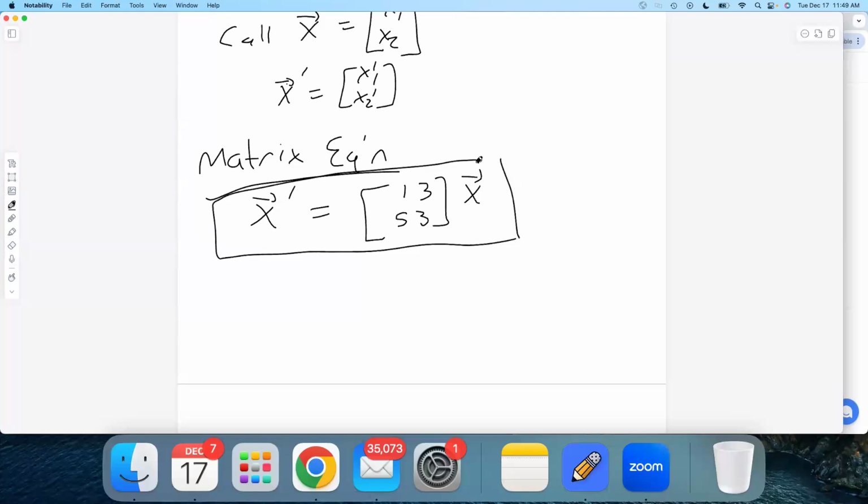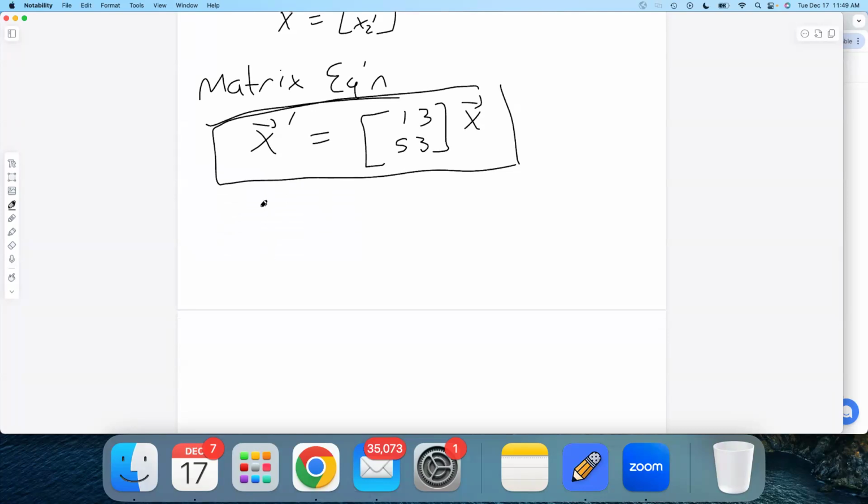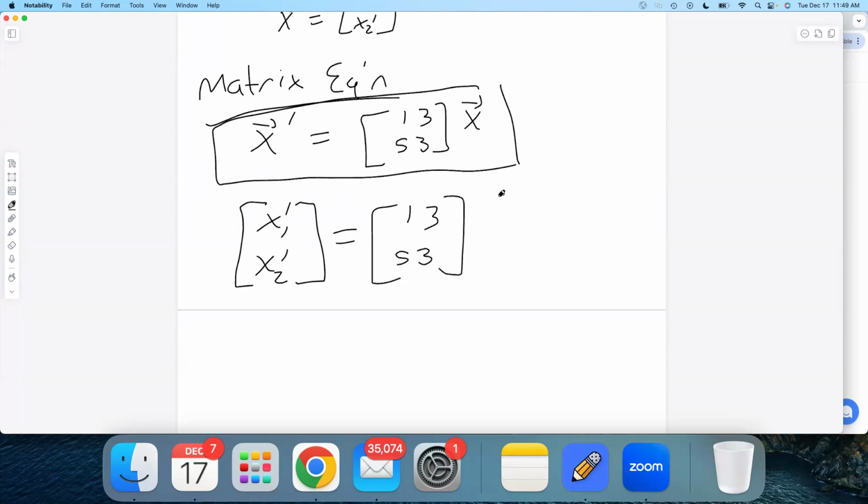Now, let's convince ourselves that this makes sense. So what I've written here is this vector x1 prime over x2 prime. Remember, that's not a fraction. I'm not putting a fraction bar there. Then the matrix 1, 3, 5, 3, times x1, x2.